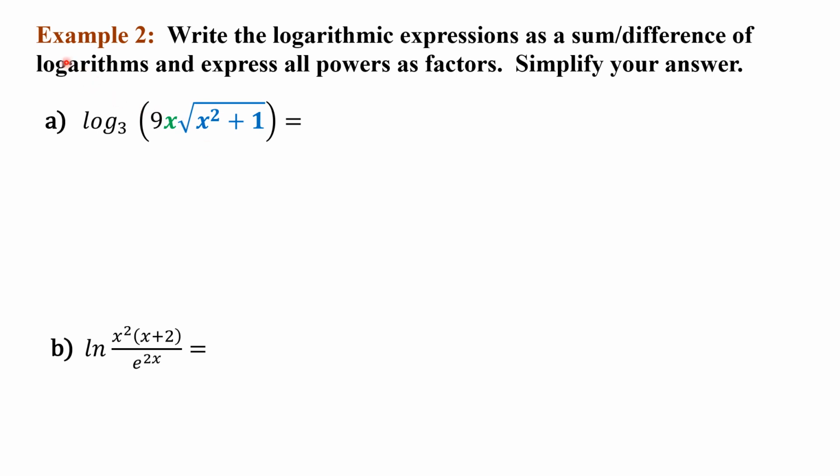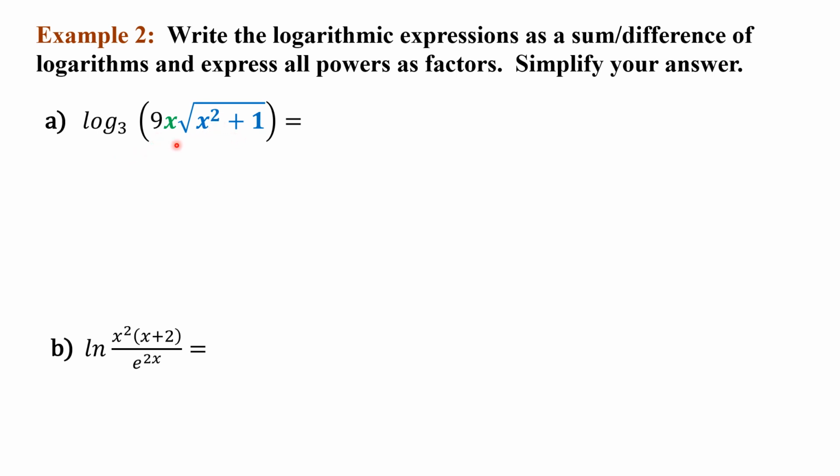For example 2, let us write the logarithmic expressions as a sum or difference of logarithms and express all powers as factors. Then we have to simplify our answer. So for the first question, it's log base 3 of 9x times the square root of x squared plus 1.